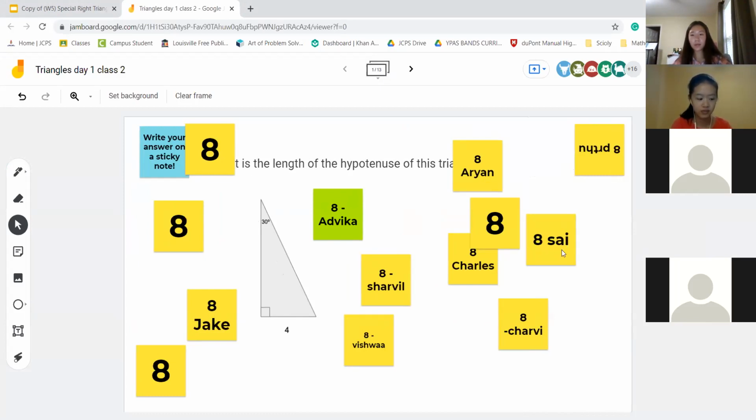I don't think it'd be a bad idea to download the app if you are planning to keep using your phone, because we use Jamboards a lot. Oh, okay, you're outside. That makes sense.